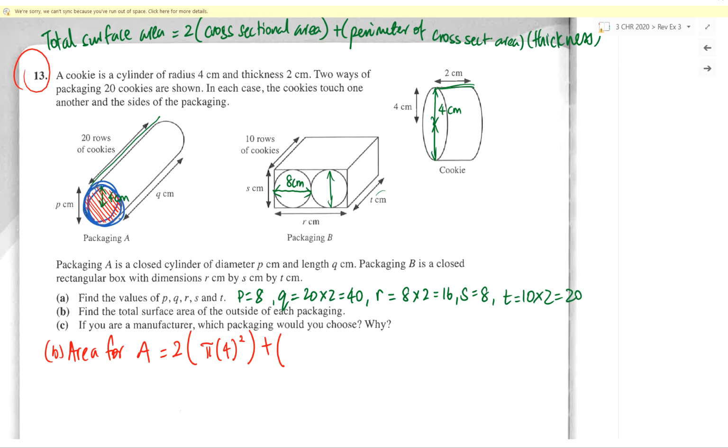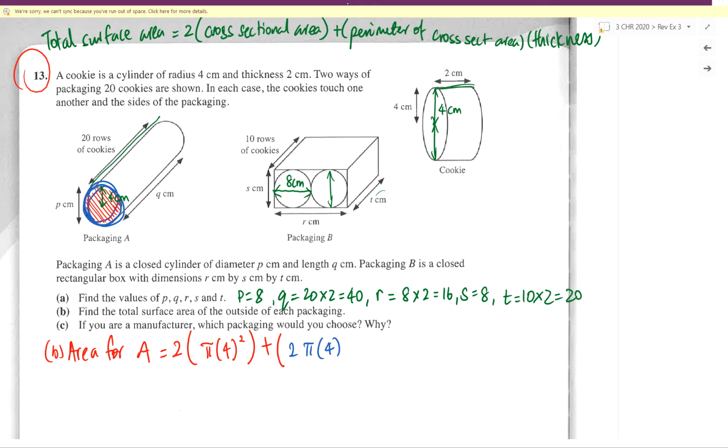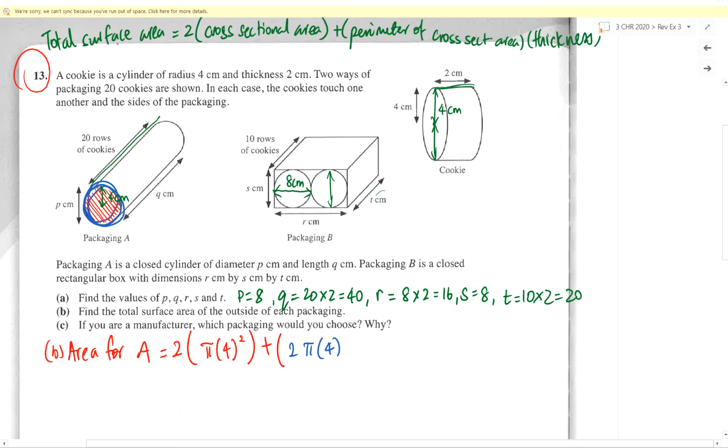What is the formula for a circumference? It will be 2 pi r, or some of you know it as pi d, where d is the diameter. Diameter is 2 times radius. So 2 pi r or pi d, they are the same thing. Close the bracket. This is the perimeter. Now we need to multiply this by the thickness. The thickness is Q. Earlier we found that Q equals 40.